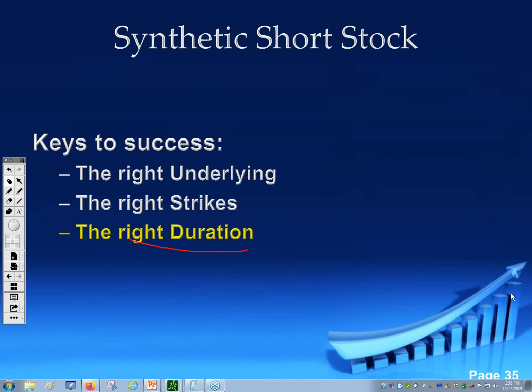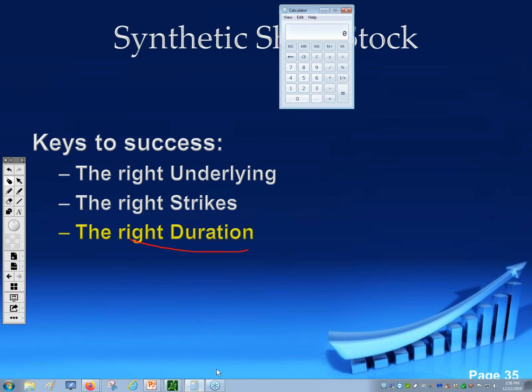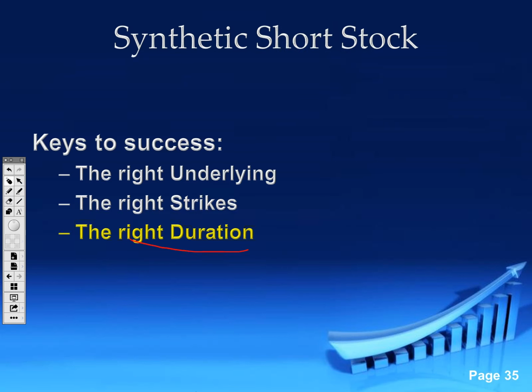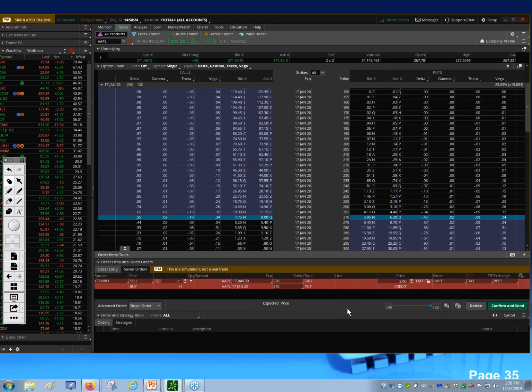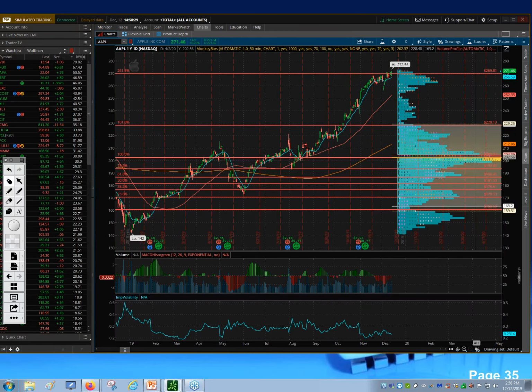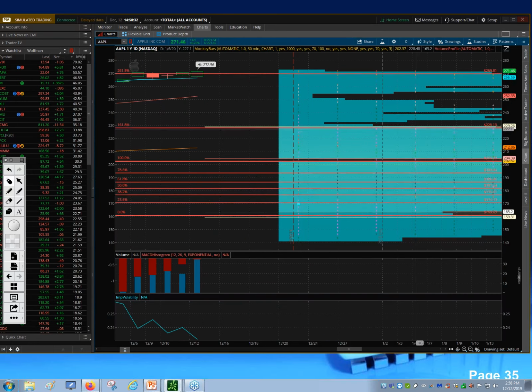The last thing we want to do is only have 35 days. If our price target, we go over and look at the price target, and I expect it to come down to there, thought my pin was going to work for me.